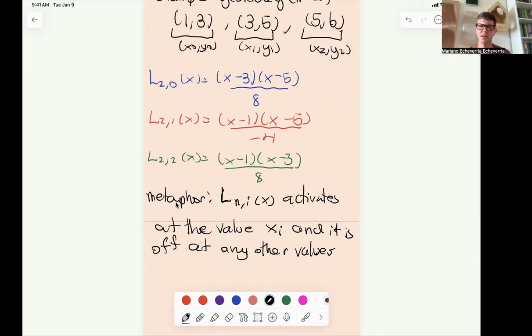Does that make sense, how I'm writing down the notation? Honestly, understanding the notation is the most important part here, because if you get the notation, then everything else will be fine.